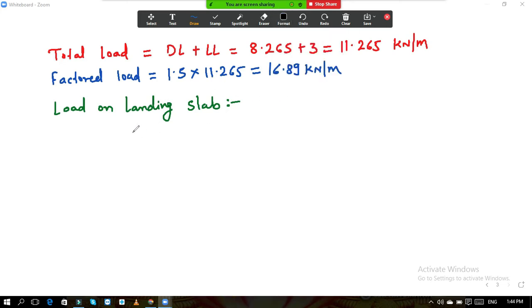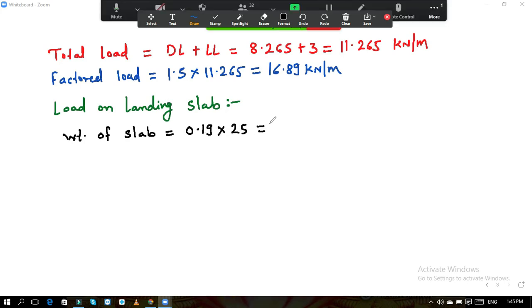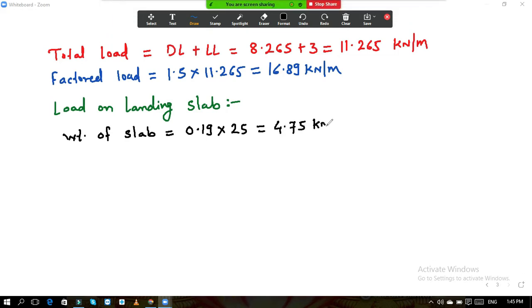In that, first thing is the weight of slab. The weight of slab is its overall depth 0.19 into 25 into 1, which is 4.75 kilonewton per meter. This is the weight of slab.